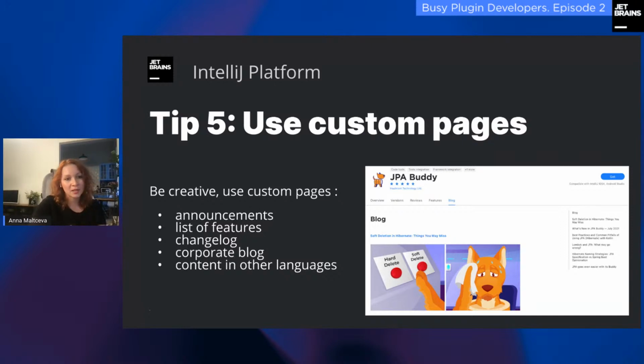So you can add some other content right to the marketplace. For example, you don't have to create your own site if you don't want to, like if you're a small plugin developer. But you can still add some information such as announcements, a list of features, a change log, or even a corporate blog.